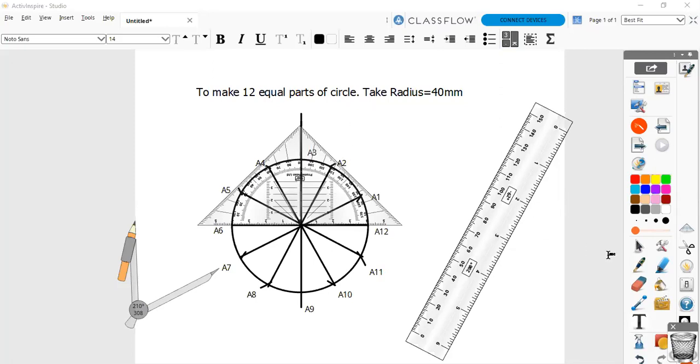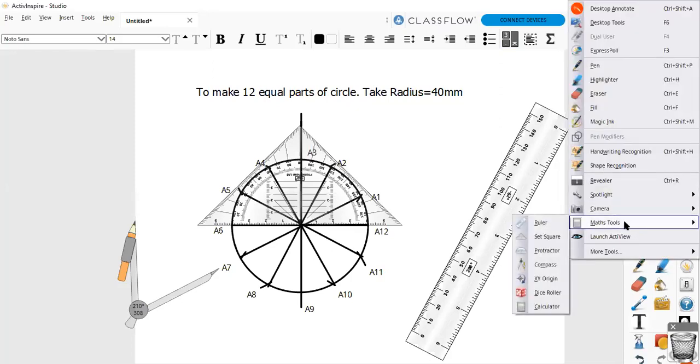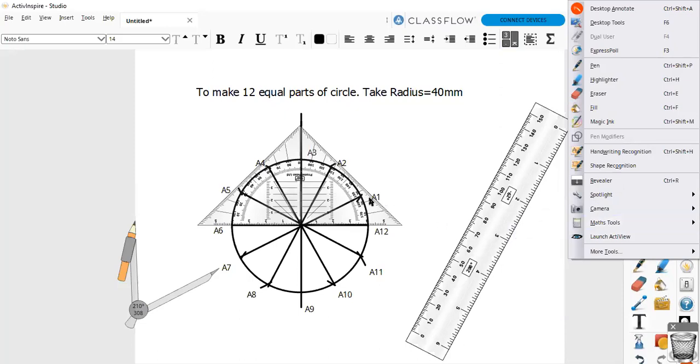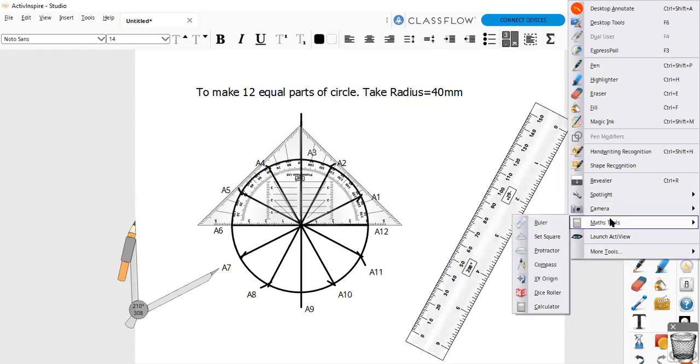If you don't want to do this kind of thing, you can also use the set square of 30, 60 degree. There is one set square, you have 30, 60 degree. This is the 45 degree which I am having right now.